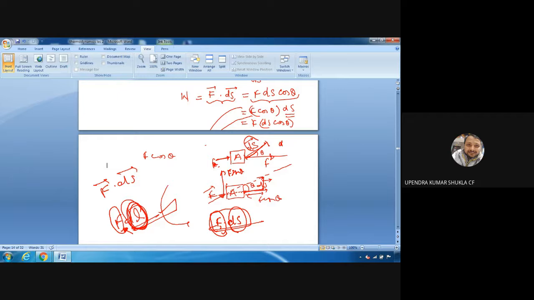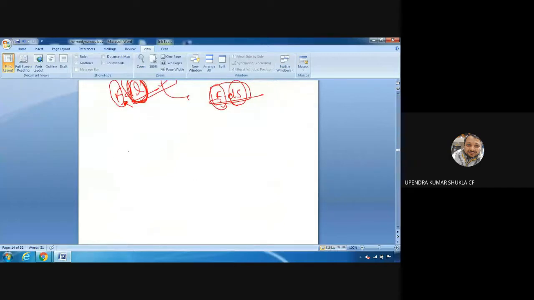But in that direction there is no displacement, so you multiply by 0 and get 0 work. So effective work is the force in the direction of displacement multiplied by the length of the displacement. This is what you must understand with respect to work.